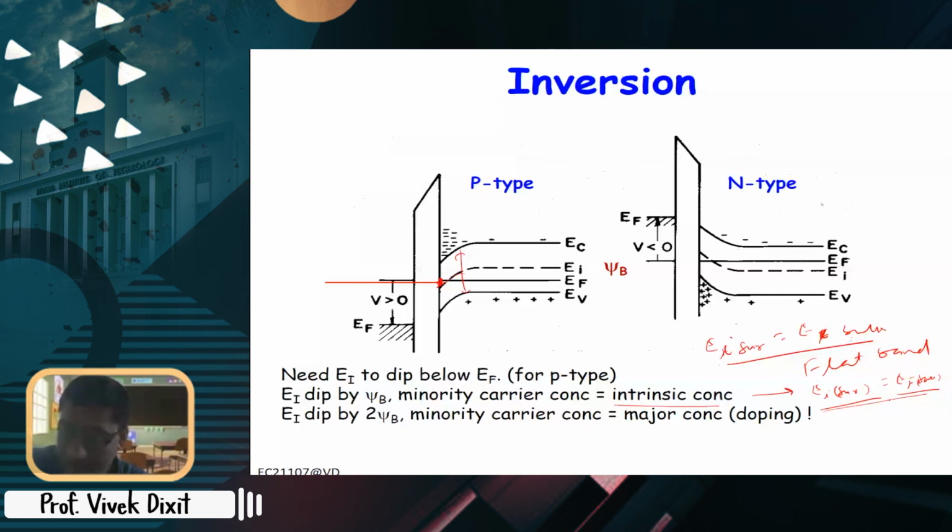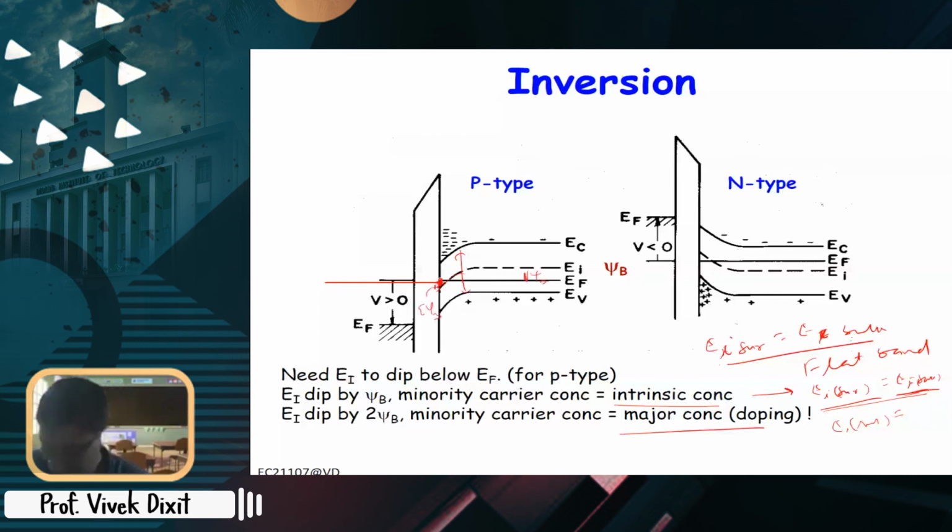If EI at surface is less than EI in bulk by the same amount, this is q psi b, so this is also q psi b, then this is called inversion, because now in this case the minority carrier concentration here is the same as the majority carrier concentration in the bulk. Okay? So that's how it is defined basically.